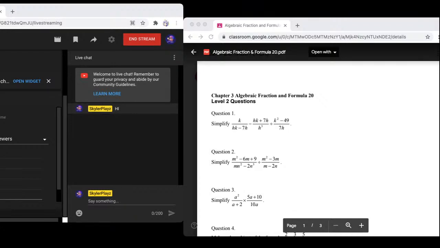Simplify k over hk minus 7h minus hke plus 7h over h cubed divided by k squared minus 49 divided by 7h. So, here's what I need to do. I first copy the question once.